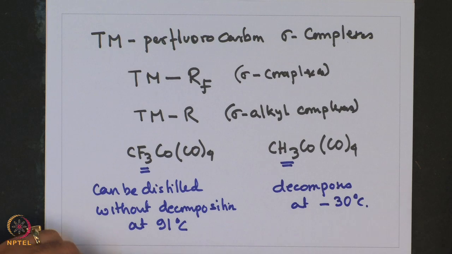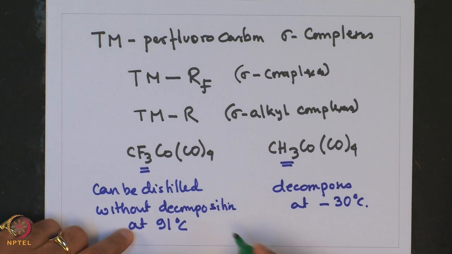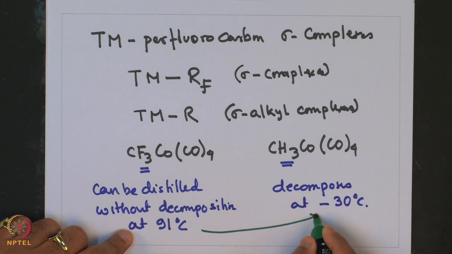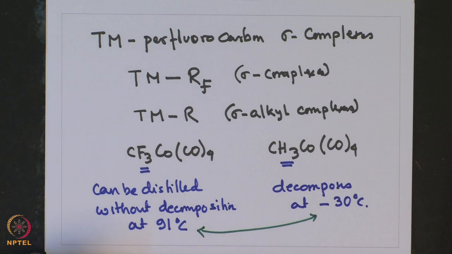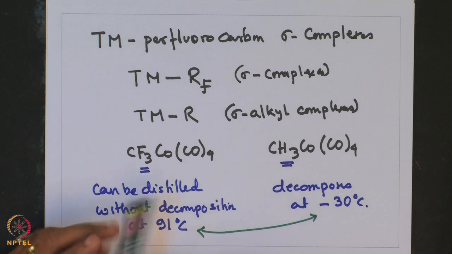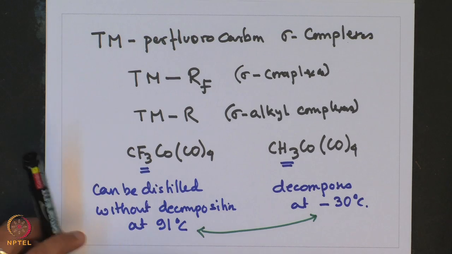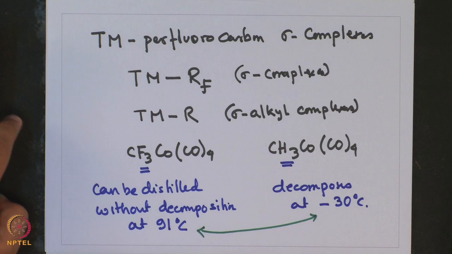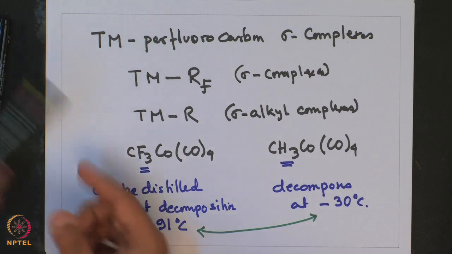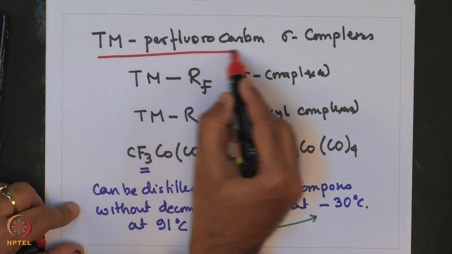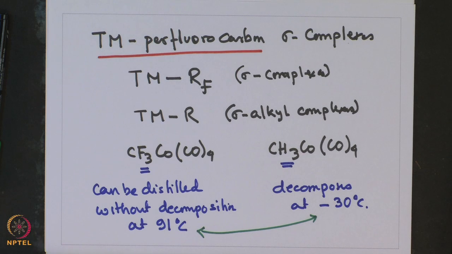So, one can see that there is a huge difference in stability when one replaces the hydrogen with fluorine, and that is where the interest in perfluoro transition metal alkyl complexes arises from.